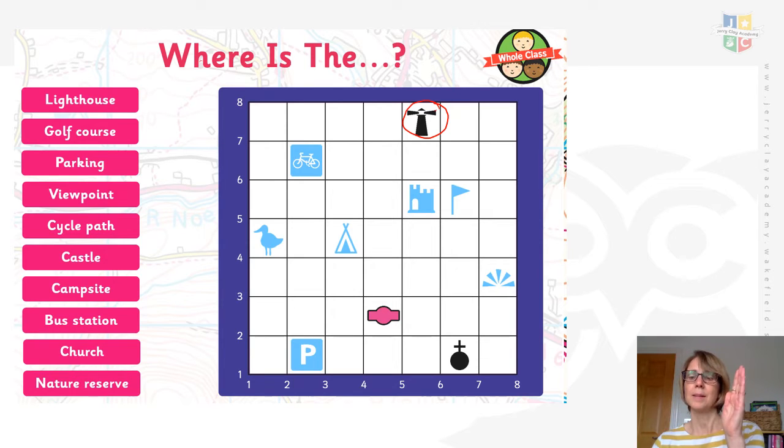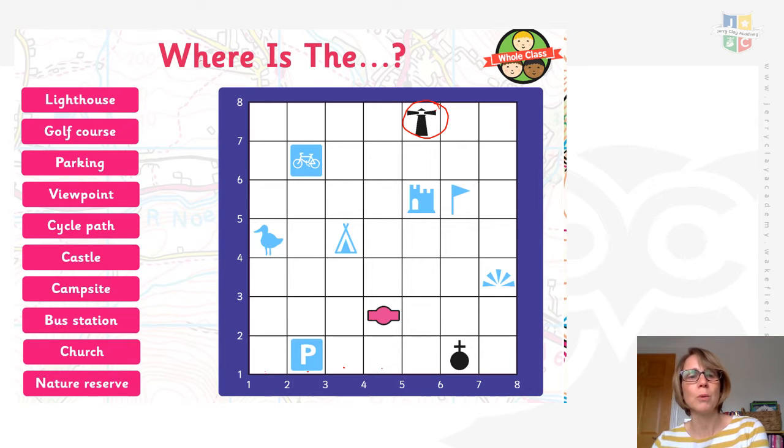y-axis second. So the rhyme that we can often use to remember that is we go along the corridor and up the stairs. So if we look for the row with the lighthouse in it, looking along the bottom first, we've got 1, 2, 3, 4, 5.